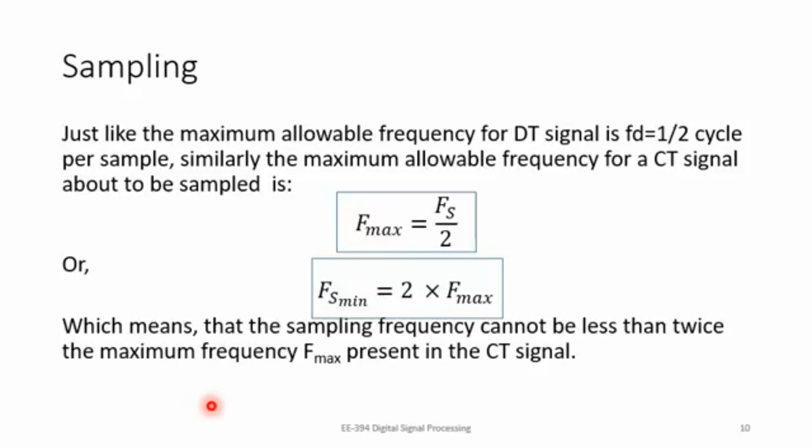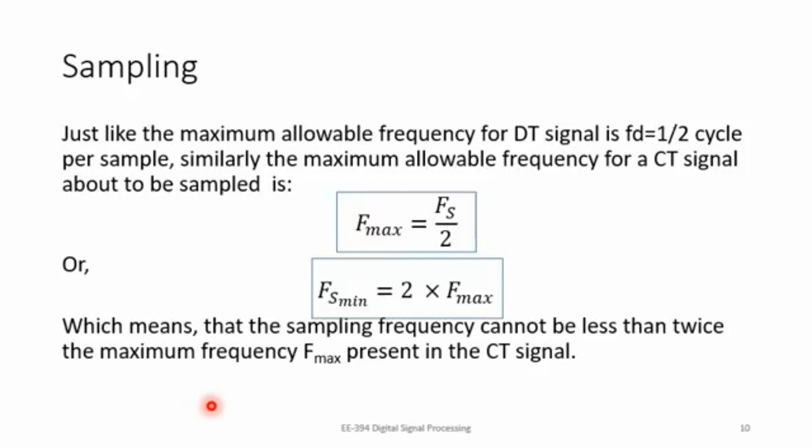So this indicates that if we are about to select an appropriate sampling frequency, then we will have to look at the maximum frequency present in the continuous time signal and then multiply it by 2 in order to get the minimum appropriate sampling frequency for that signal.